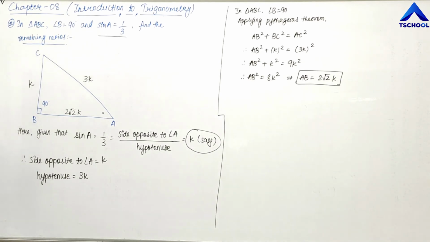So now you can directly apply the ratios. We are having the ratios, right? And this can be directly applied, that we have seen here. So the very first ratio is sin A. Friends, sin A is already given, so there is no need to find out the ratio for sin, right? So we will start with the remaining ratios.